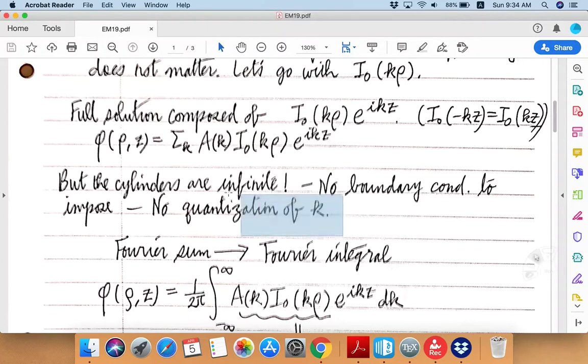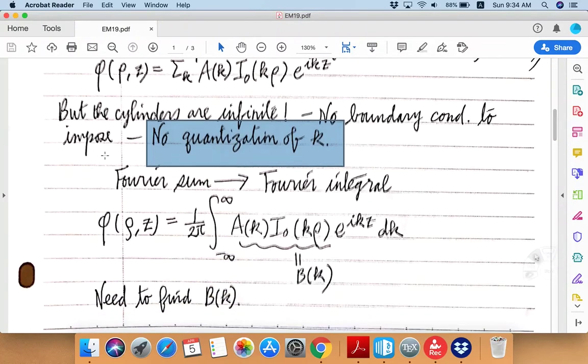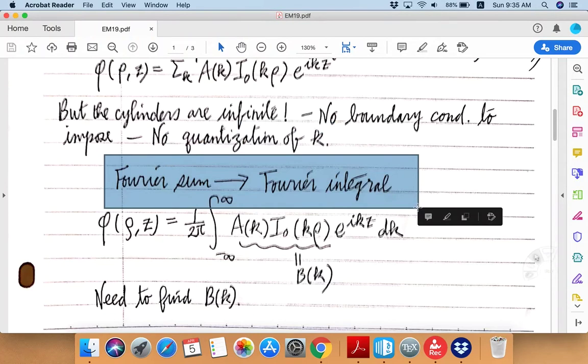And therefore, we're not going to be able to quantize the k as we did in many of the previous problems. And as a result, the sum becomes the integral. The Fourier sum becomes the Fourier integral.